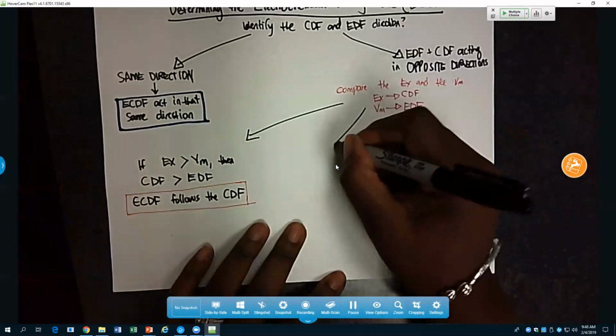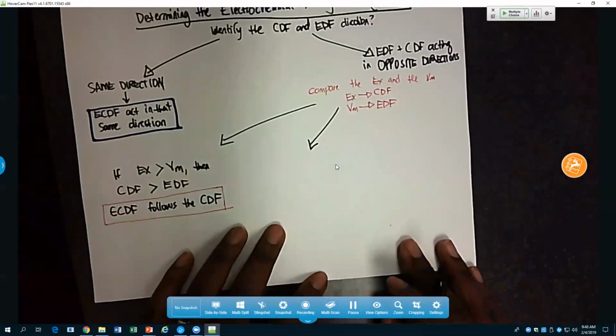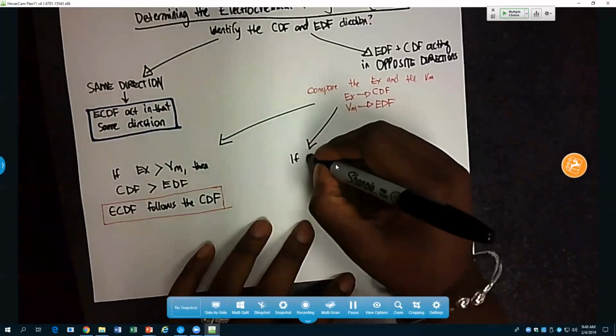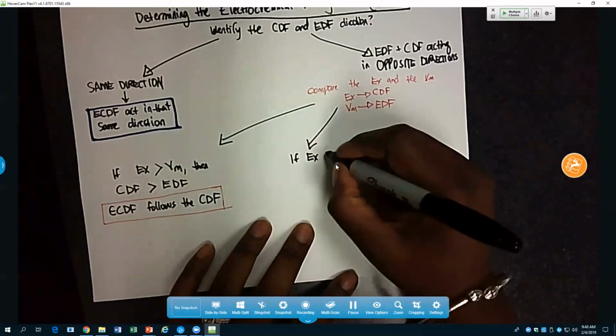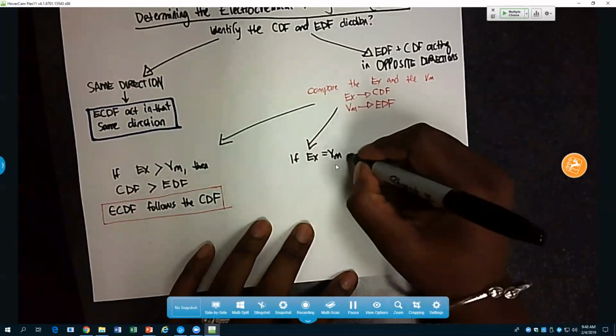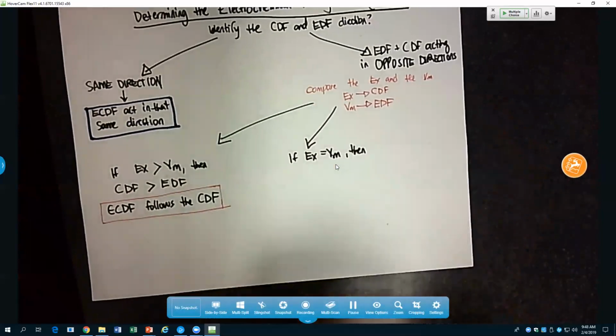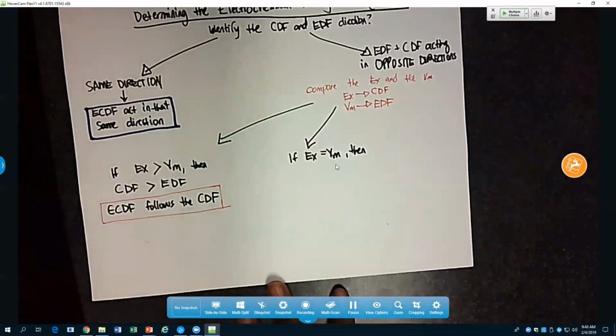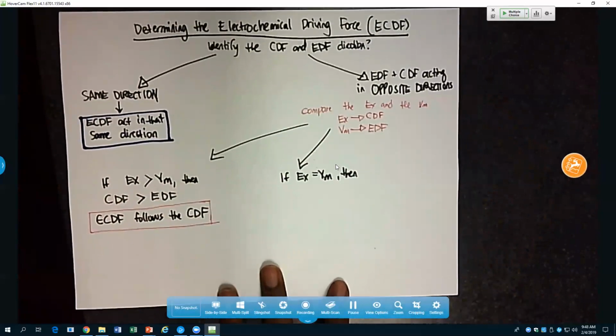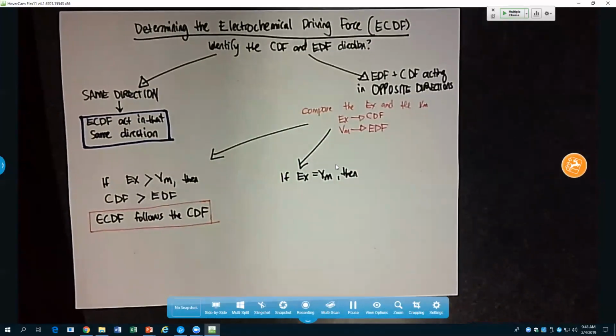Let's look at a second scenario. What about if the equilibrium potential is equal to the membrane potential? Then what? We talked about this a little bit earlier. No net movement. Perfect.